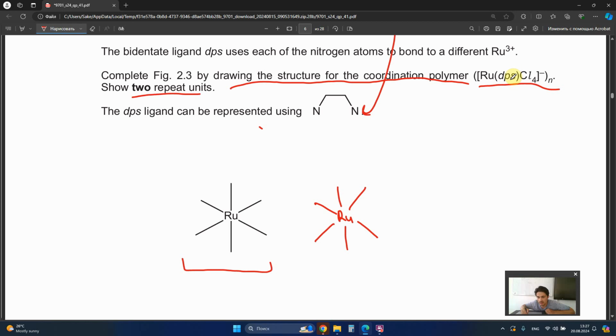So DPS is a bidentate ligand. So finally, you have to connect them like that. So it's like a bridge between these complexes.